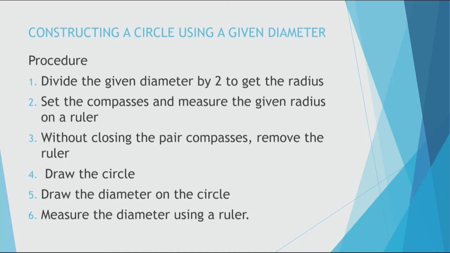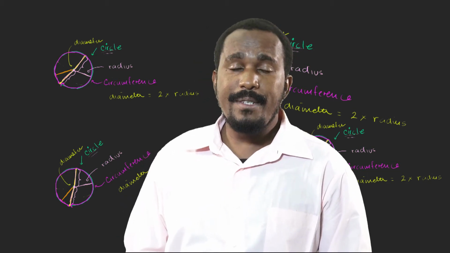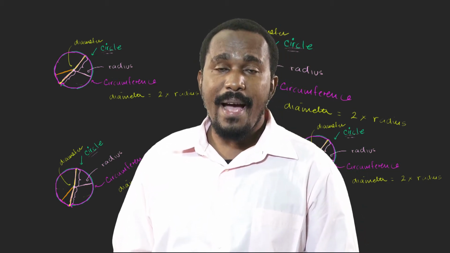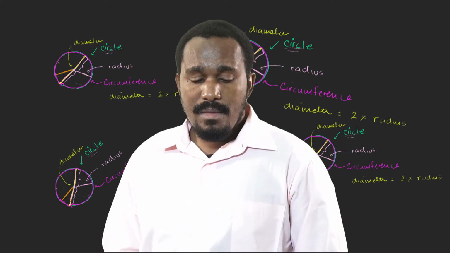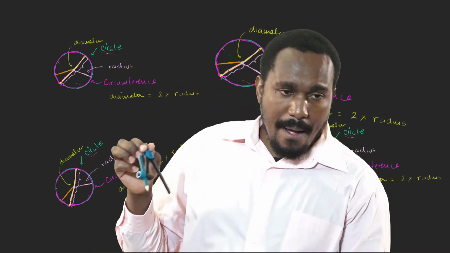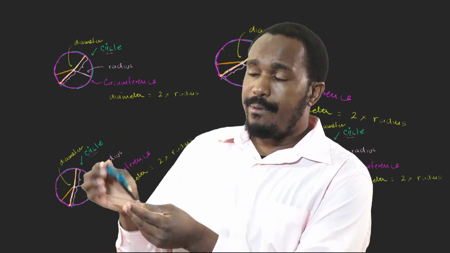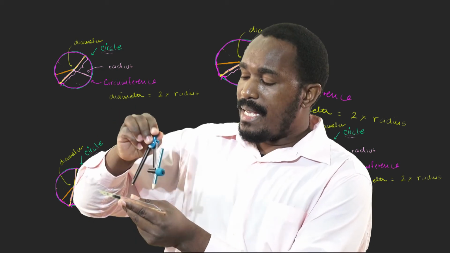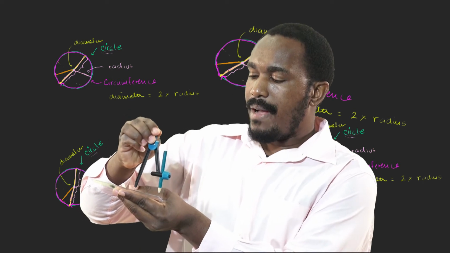Let's say you have been given 10 as your diameter. It means the radius is half of 10. So what is the radius? It is 5. So it means now you have to set the pair of compasses and the ruler on 5, because 5 is half of 10. So you have been given 10, so just set it on 5.